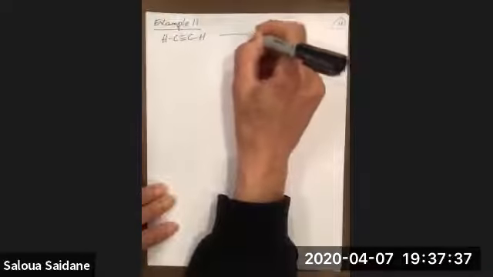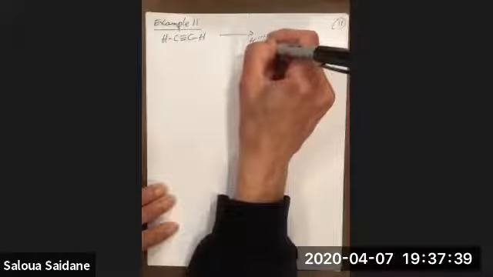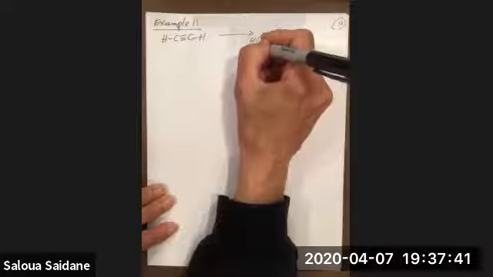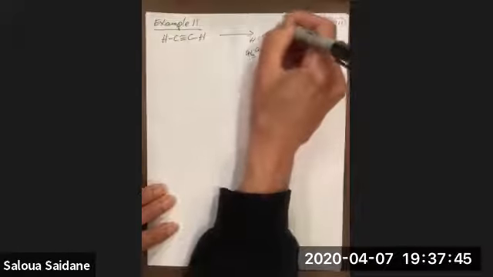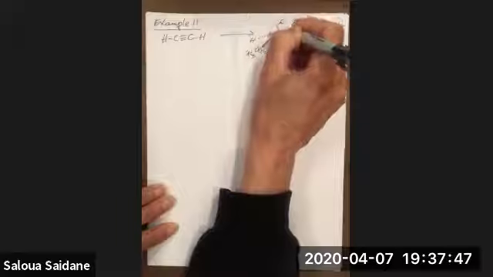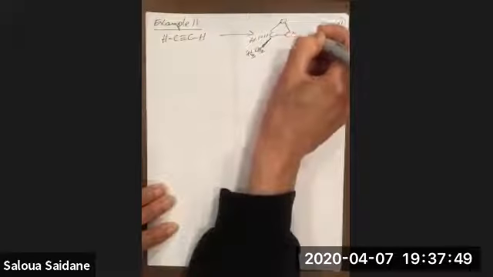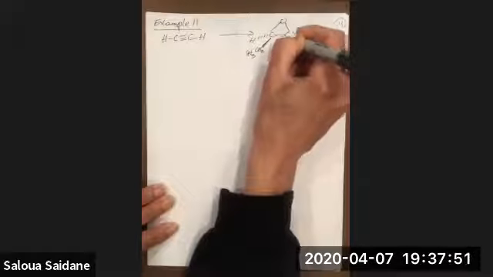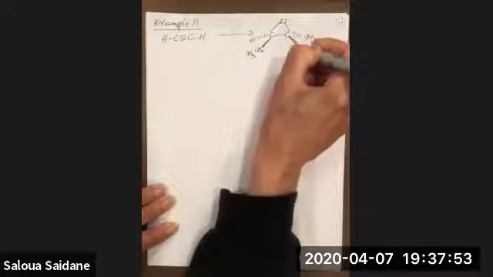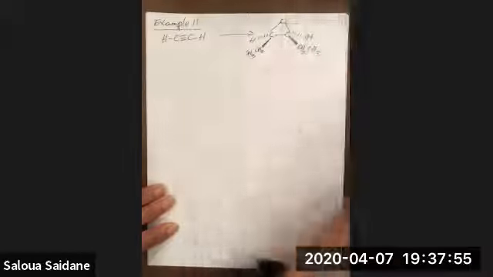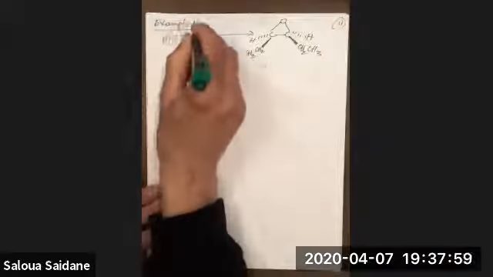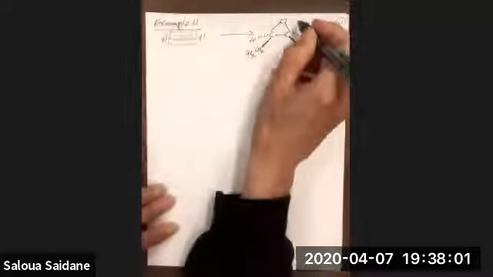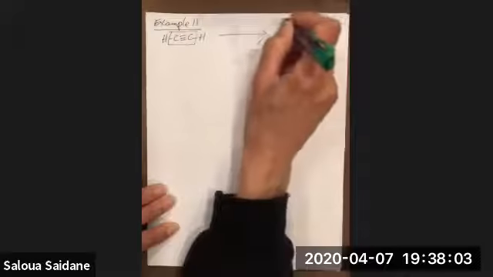Now I like this one a lot because as you start to see, we're combining two chapters already right here. So you see here, we went from an alkyne to an epoxide.